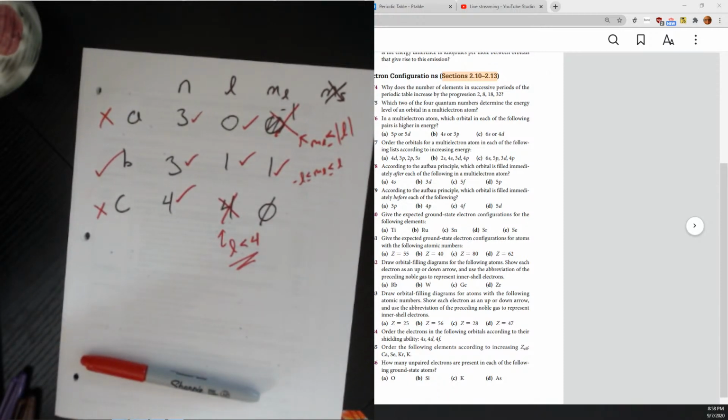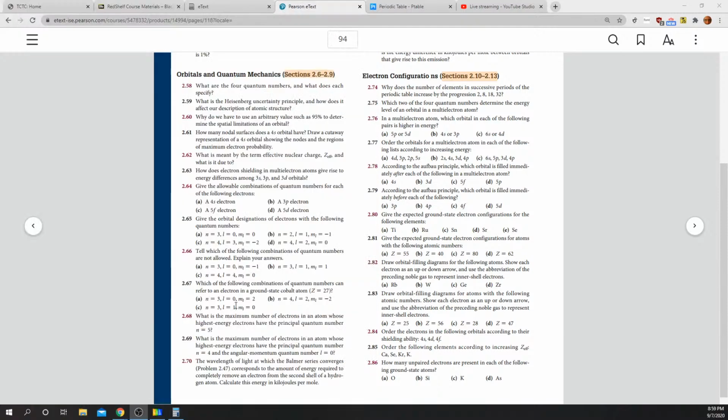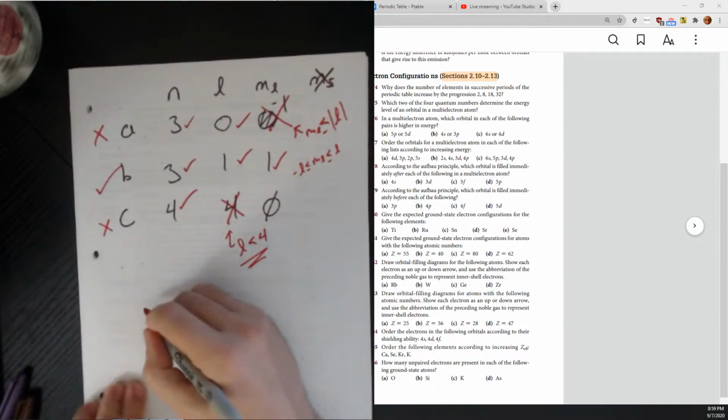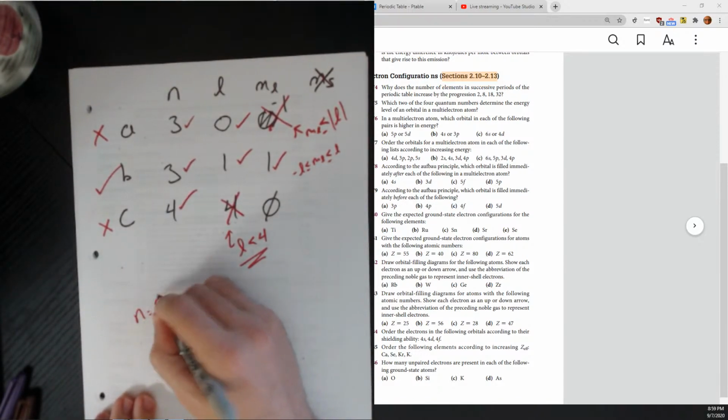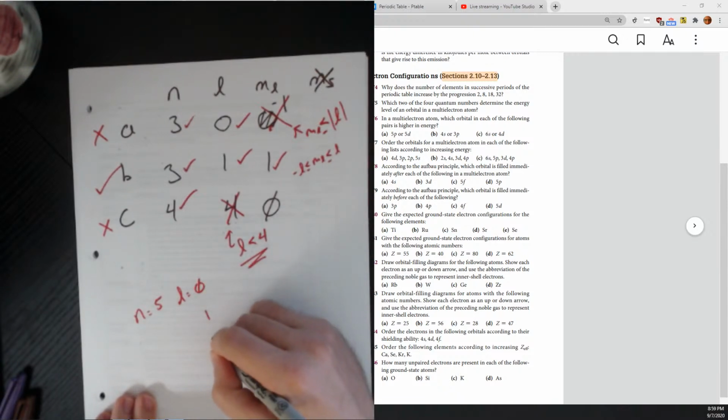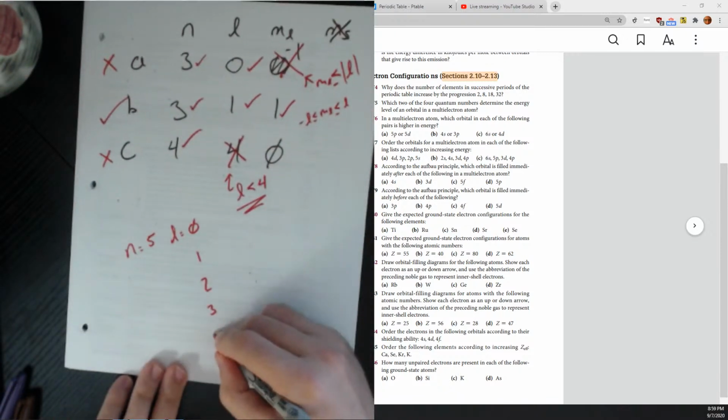All right. Oh, and 68. What is the maximum number of electrons in an atom whose highest energy electrons have the principal quantum number n equals 5? Okay, so for n equals 5, technically you can have l equals 0, 1, 2, 3, and 4.